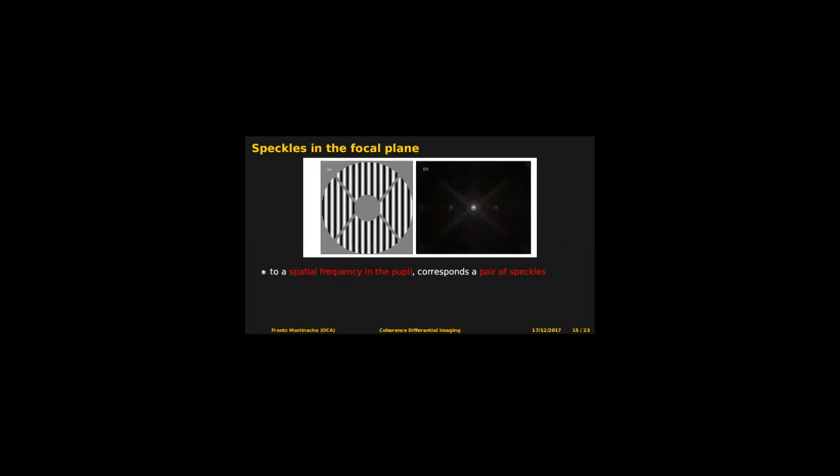Going back to the aperture of the telescope, you can think of the aberrations introduced by the atmosphere as a series of oscillations going over your aperture that are going to diffract light. When you have an oscillation across your aperture that introduces a certain number of cycles, it's going to produce a pair of speckles. The faster this oscillation is across the pupil, the further away the speckles are going.